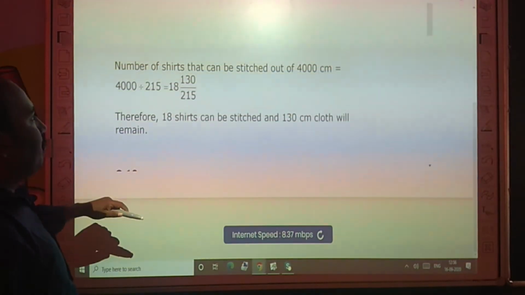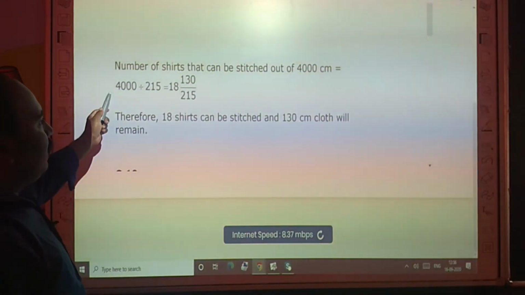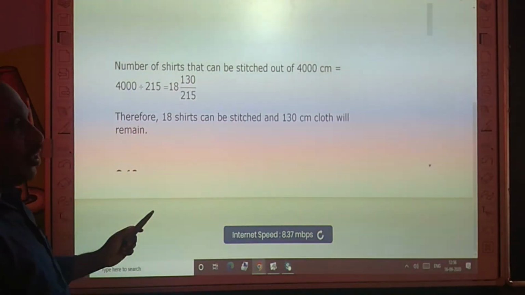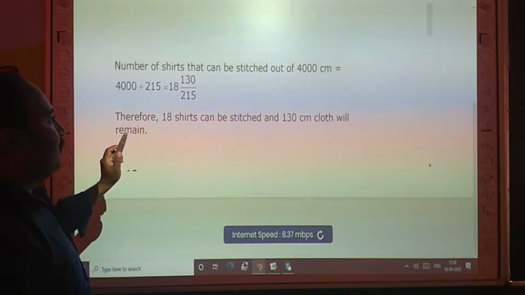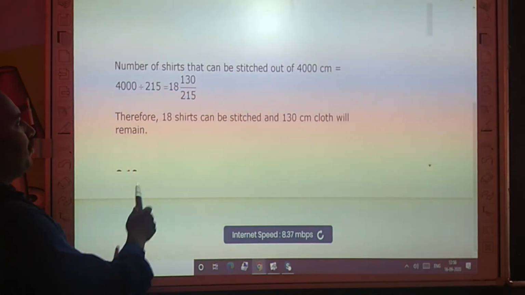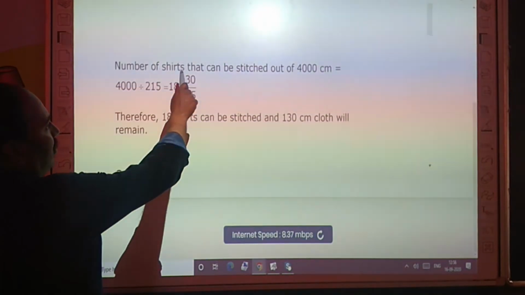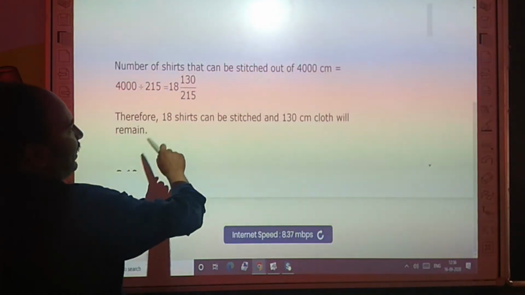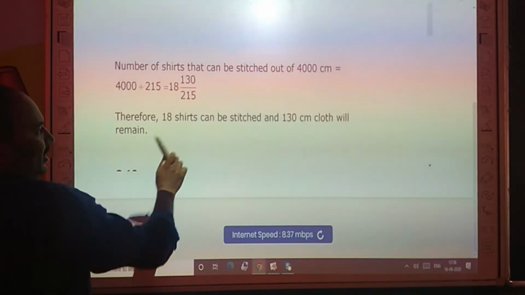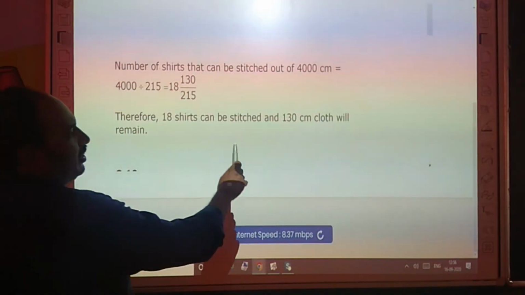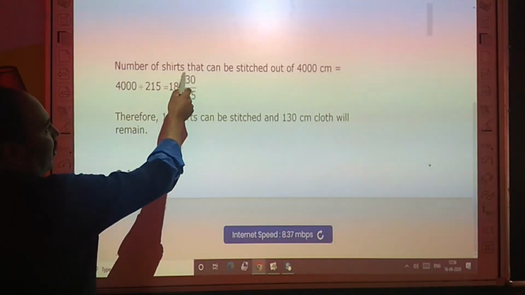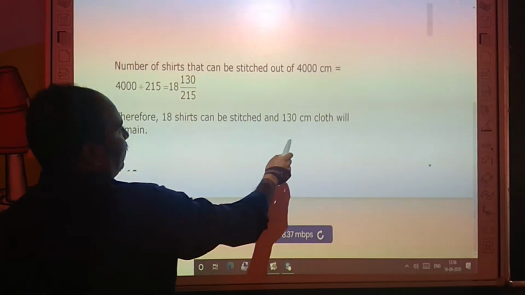We want to divide 4000, the total cloth, by 215, the cloth we need for one shirt. 4000 divided by 215 gives 18 with remainder 130. Therefore 18 shirts can be stitched and 130 centimeter of cloth will remain.